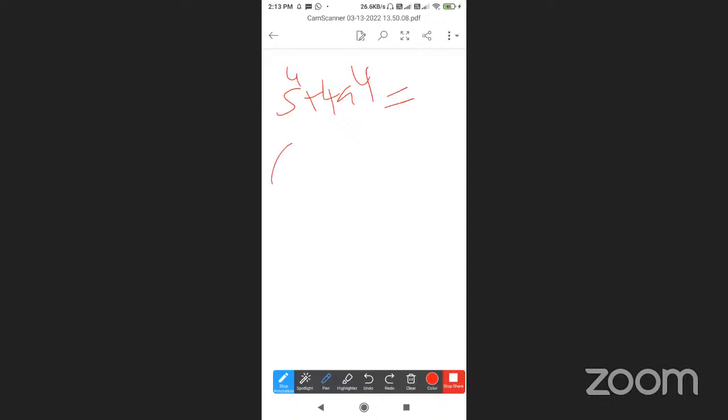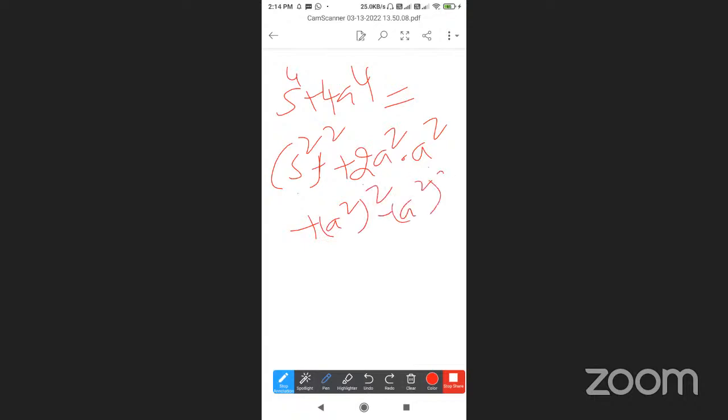Simplify: (s square) whole square plus 2 into a square into a square. That is, a square plus 2ab plus b square is the (a plus b) whole square formula; add and subtract a square whole square. So this is the first term method. (s square plus a square) whole square minus (a square) whole square.